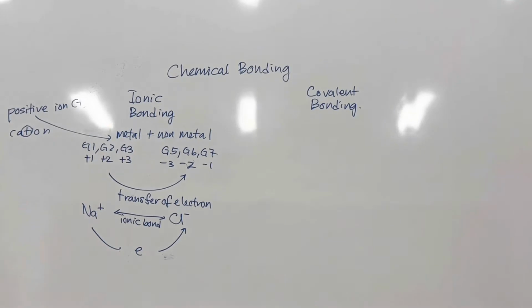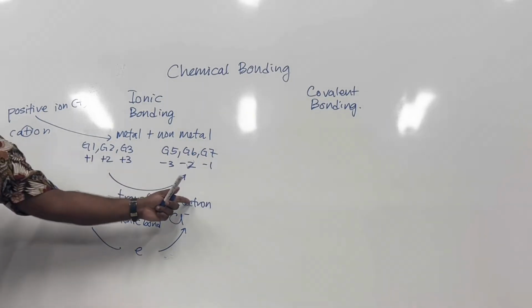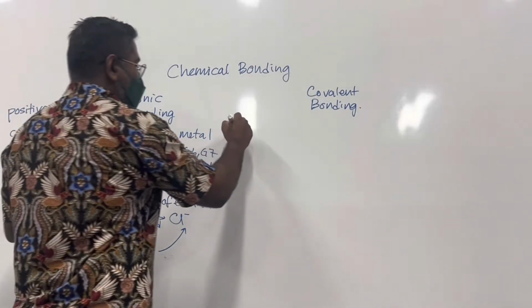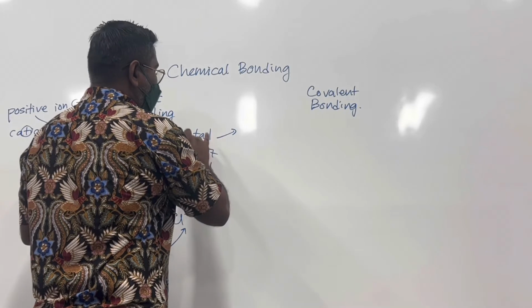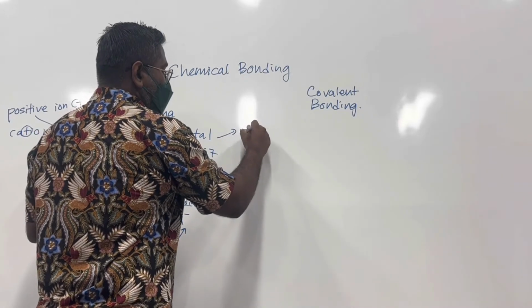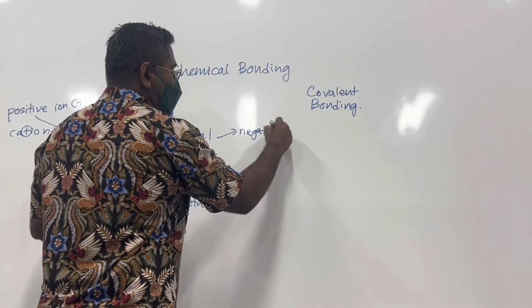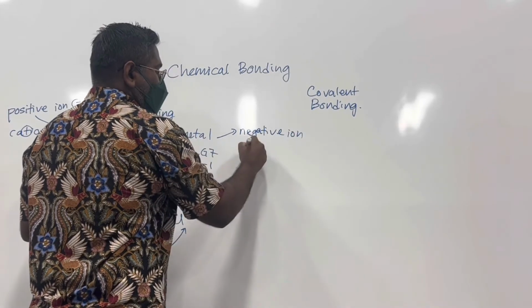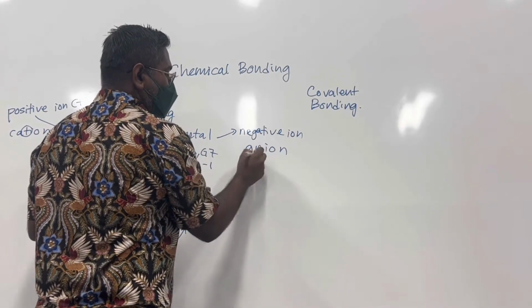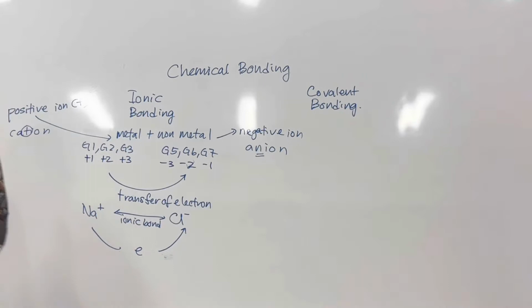The T looks like a positive sign. Negative ions, which are generally formed by non-metals, you can remember as anion. N stands for negative. You can memorize it that way. Positive ion is cation, anion is negative ion.